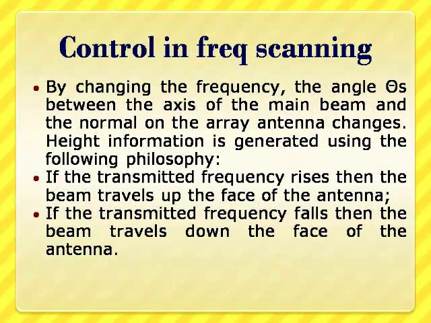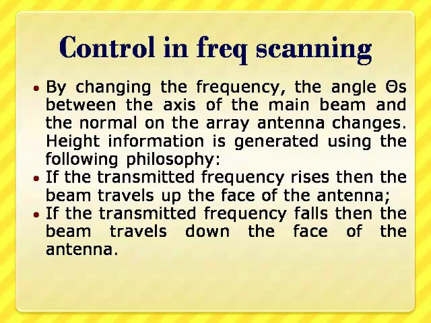Can we have frequency scanning in this context as well? Yes. By changing the frequency, the angle theta between the axis of the main beam and the normal on the antenna array changes, and here the height information is generated using the following philosophy. If the transmitted frequency rises, then the beam travels up the face of the antenna.